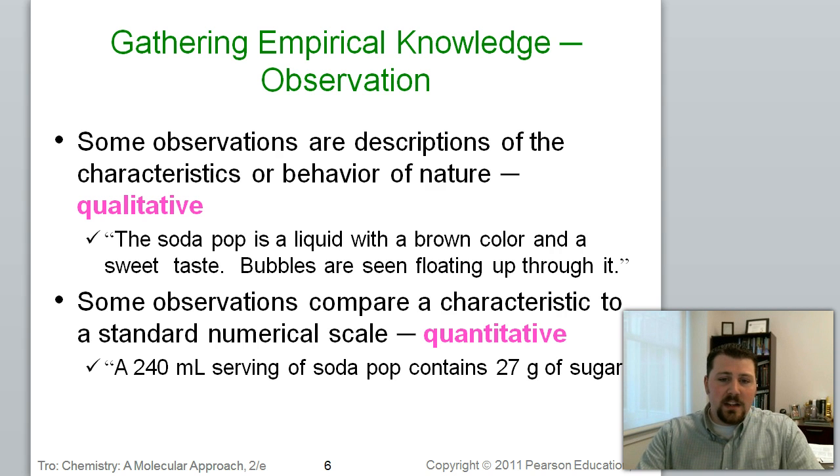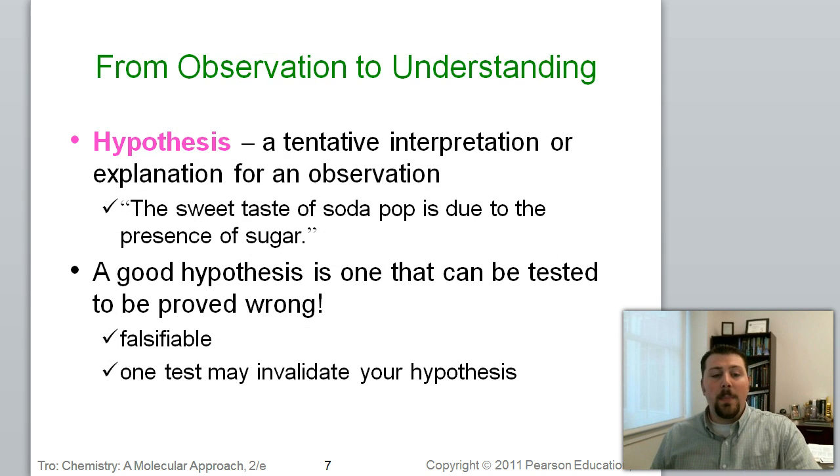Now, once you make enough observations, you can form a hypothesis, which is basically just a way to take all those observations that you made and try to make sense of all of them together. So this is like a tentative interpretation or explanation of all your observations. And so perhaps the sweet taste of soda pop is due to the presence of sugar, is your hypothesis.